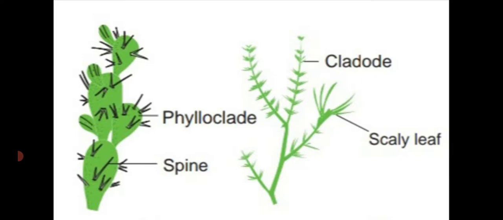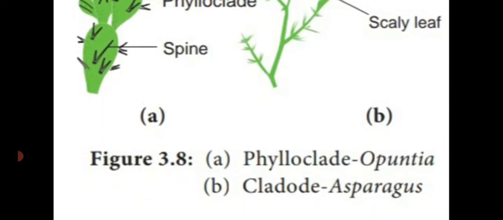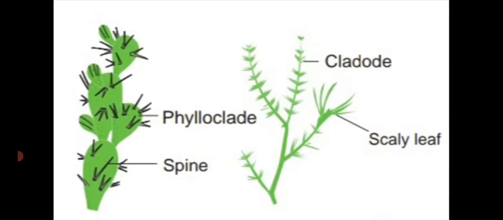So the thorns are closely arranged. But in the asparagus, that is cladode, the internodal distance is very short. See the cluster of hair-like leaves present in the nodal region. So the gap between one node and another node is known as the internodal region.